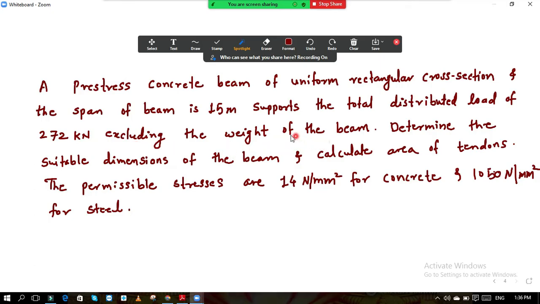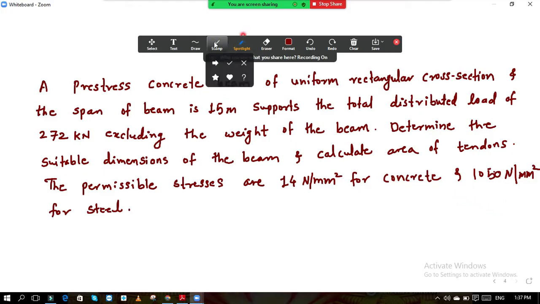Excluding the weight of the beam. So this load does not include the weight of the beam, that you need to calculate separately. Determine the suitable dimensions of the beam, calculate the area of tendons. The permissible stresses are: value of Fc is given, permissible stress in concrete 14, and Fs is 1050 in steel. This much of given data is there with us.